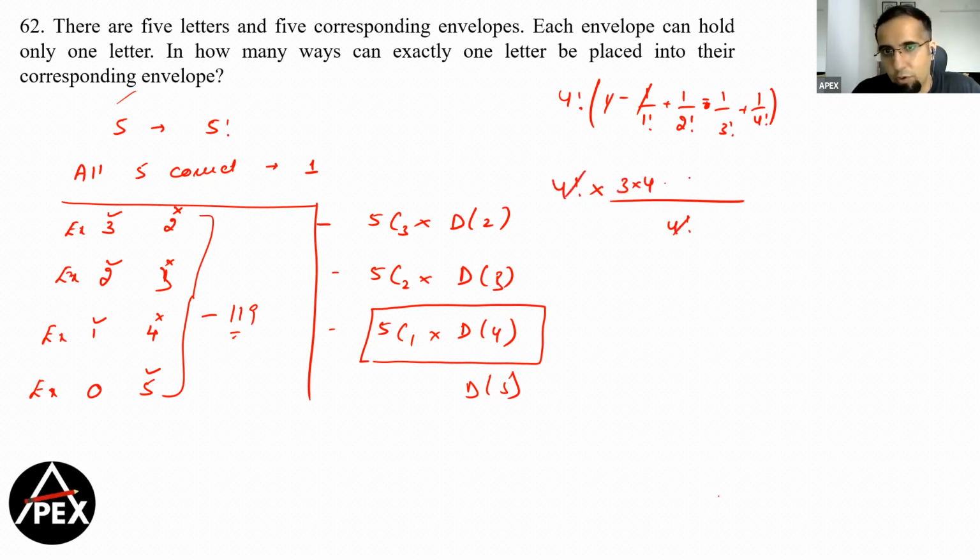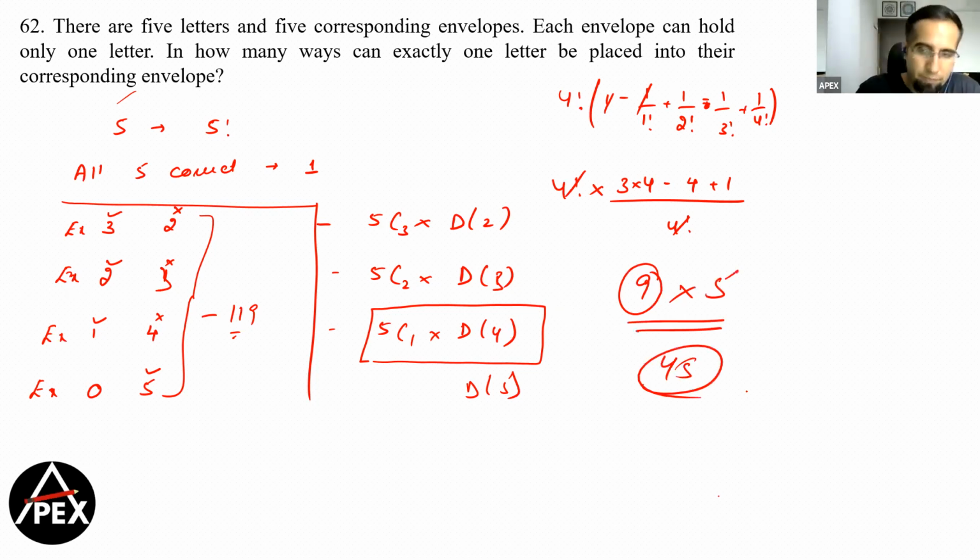So this is 3 into 4 minus 4 plus 1. So 9 ways in which the remaining 4 can go in wrong envelopes, and 5C1 is 5 such combinations. Therefore, the total number of ways becomes 45. Is this point clear, guys?